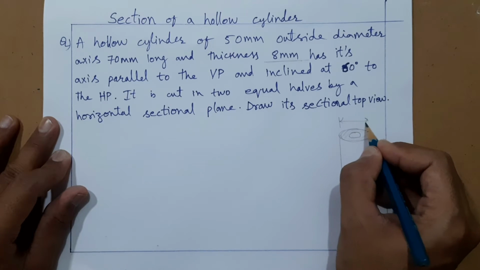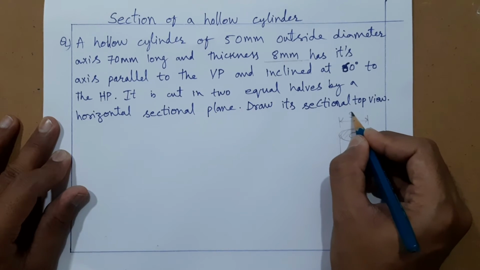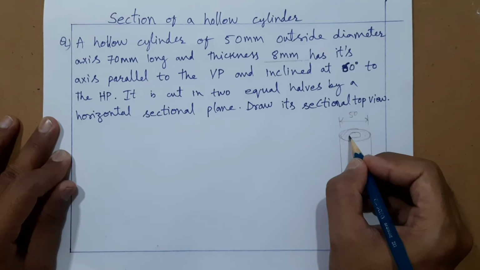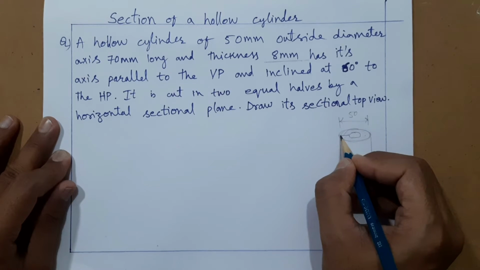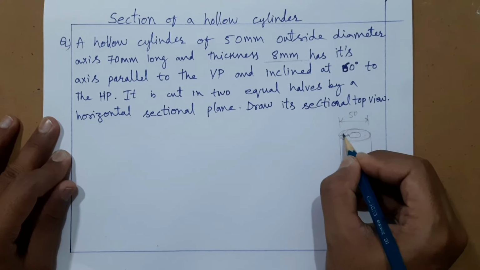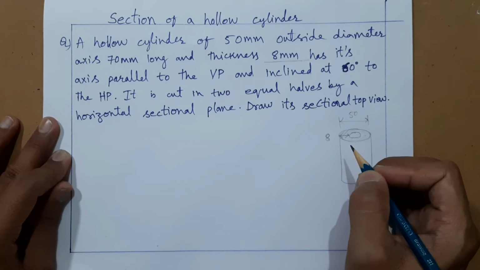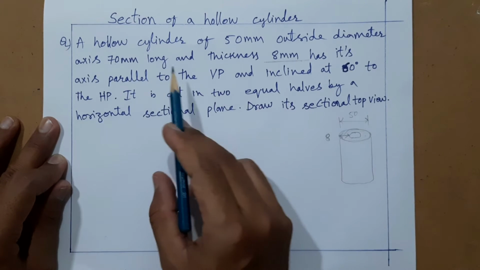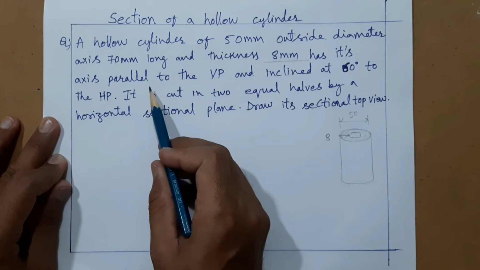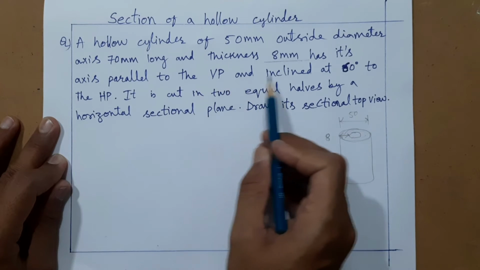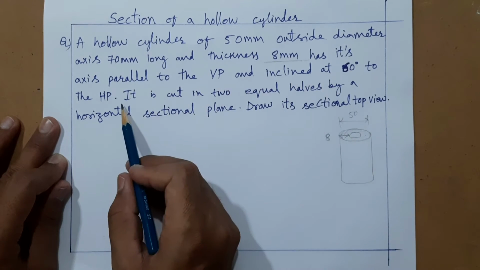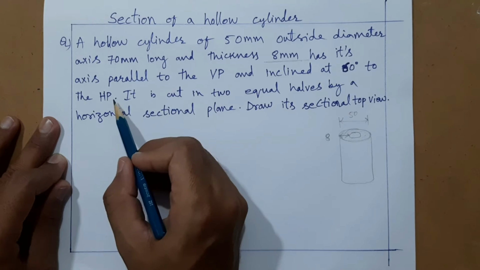Outside diameter they have given 50 mm and this thickness, here to here the thickness of the cylinder, that is 8 millimeter. Okay, its axis is parallel to VP and inclined 60 degree to HP. So this is the position.